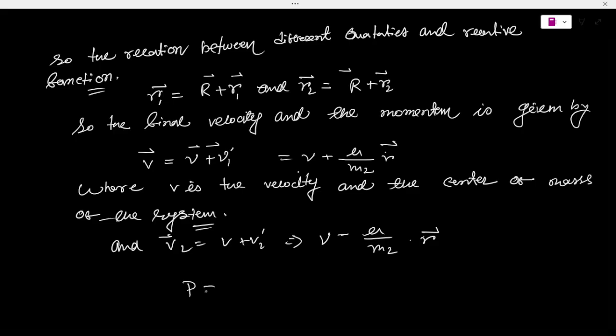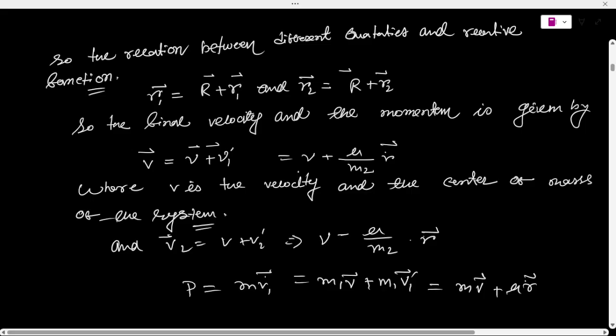So after that momentum will be m1 v1, okay. So for momentum it will be m1 v1 plus m1 v1 dot, okay, and is equal to mv, okay, and plus of nu of r.